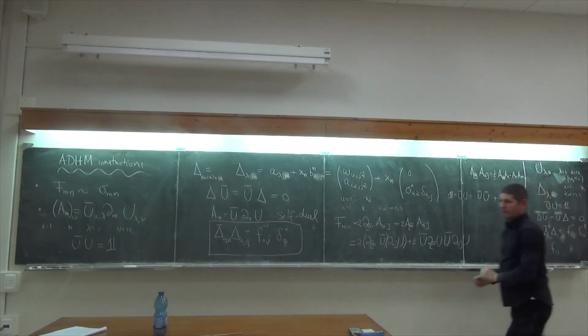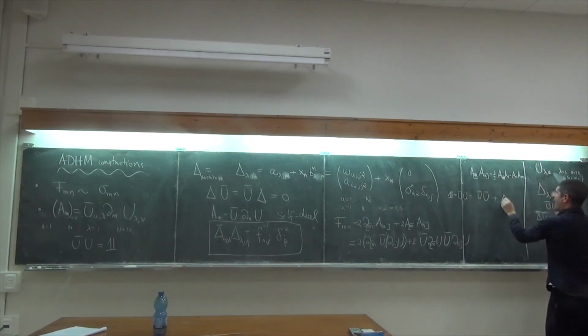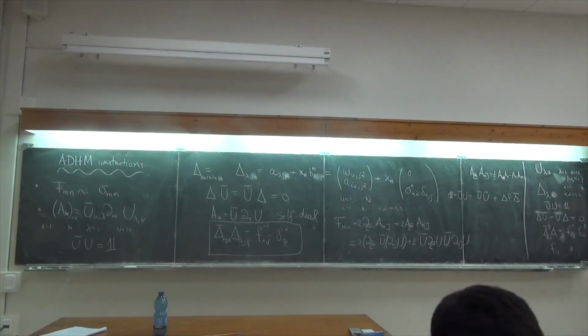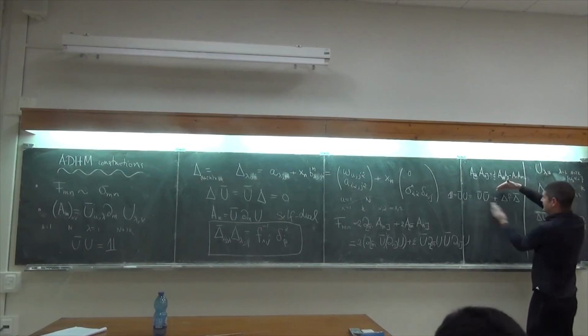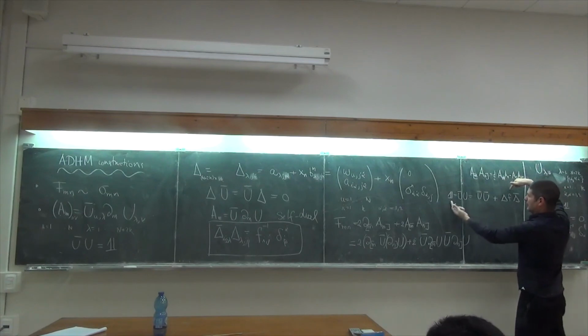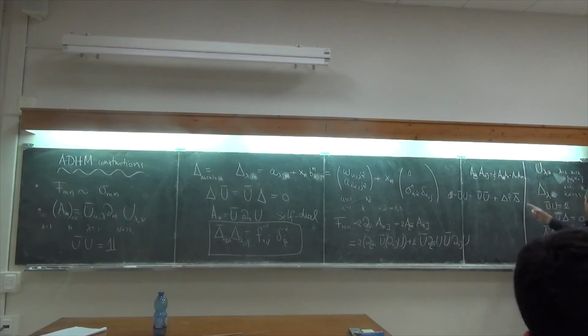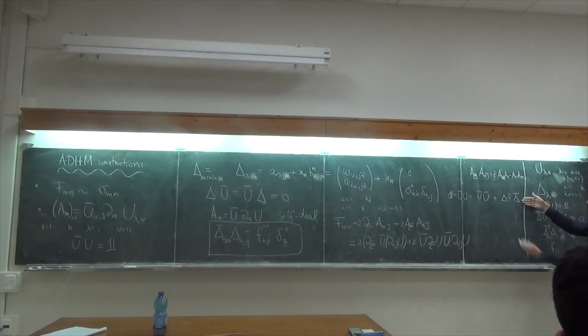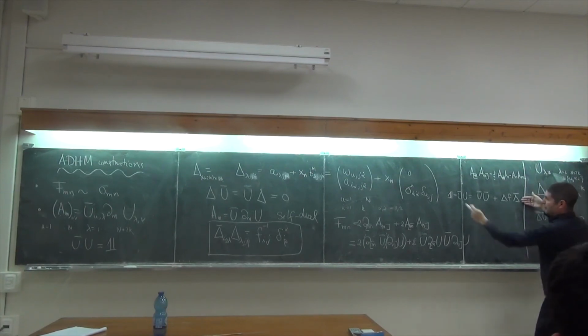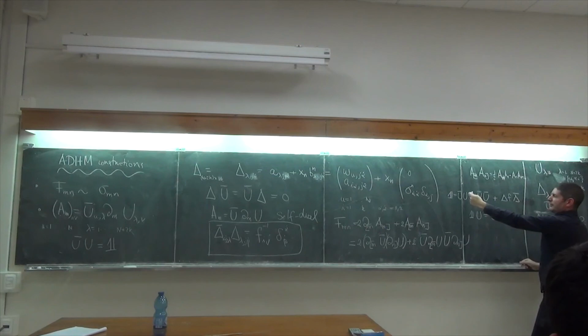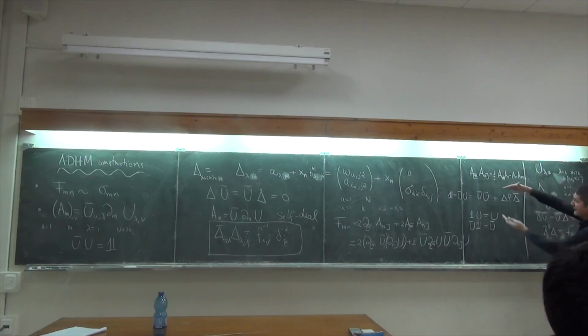It is not 1, but let's see. If I multiply here by u, my claim follows from this. If this is the identity, then multiplying here by u, this term cancels because delta bar u is equal to 0. u bar times u is 1, therefore this is just u. If I multiply by u bar here, the same thing: u bar times u is u bar. This means that this quantity here is dead.